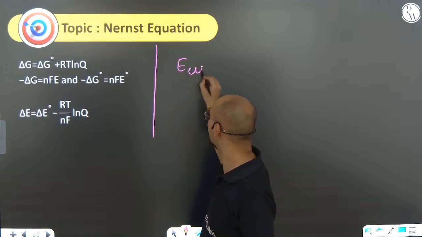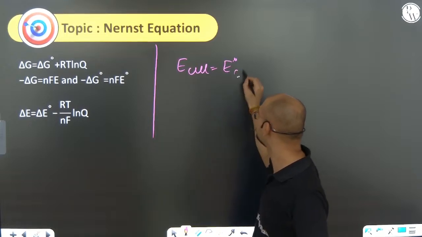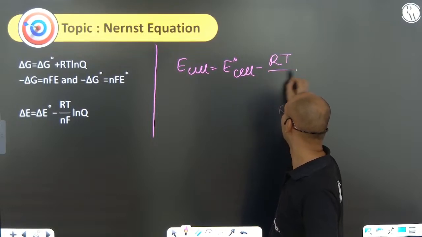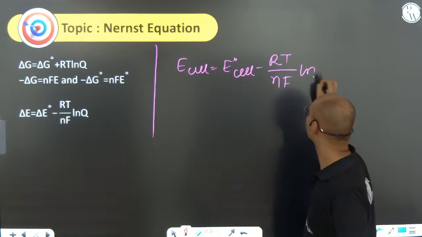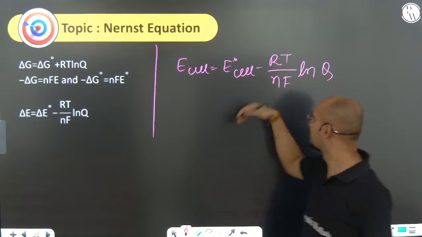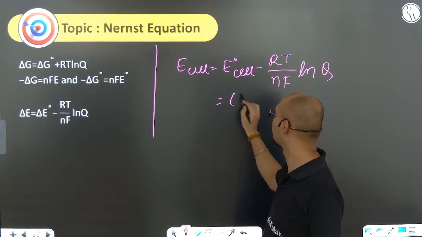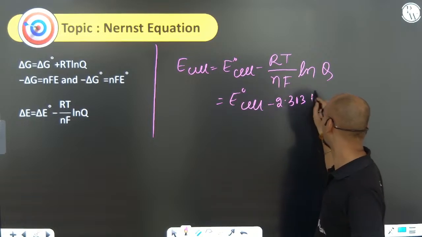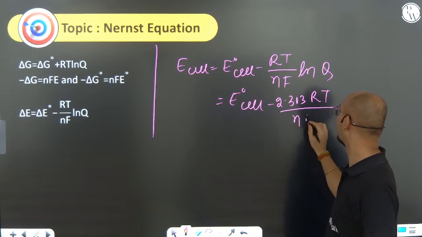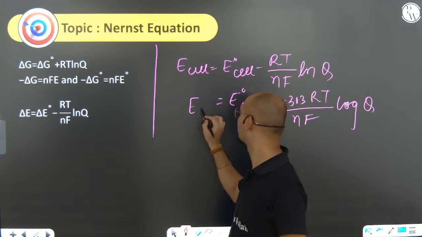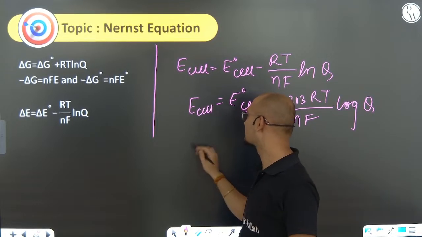We get E cell equals E naught cell minus RT by nF ln Q, that is natural log of Q. Here we can convert it into E naught cell minus 2.303 RT by nF log base 10 Q.